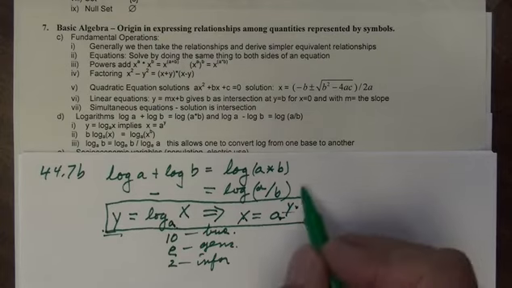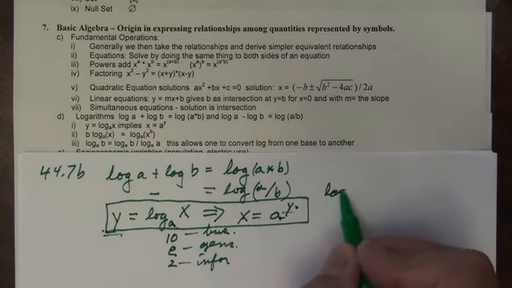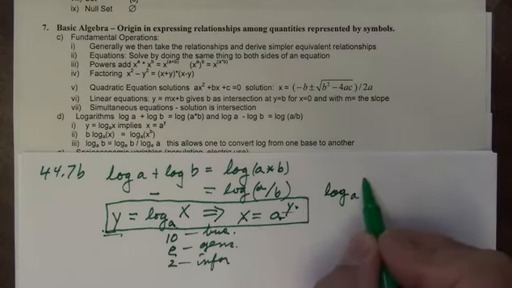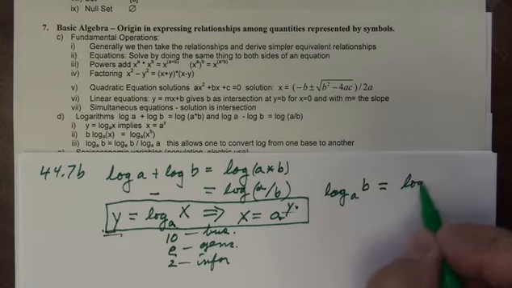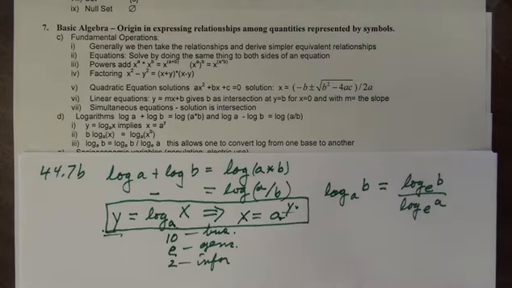Another useful equation is that the log base a of b is equal to, in other words, how do we find these weird base logarithms? It's the log base e of b divided by the log base e of a.